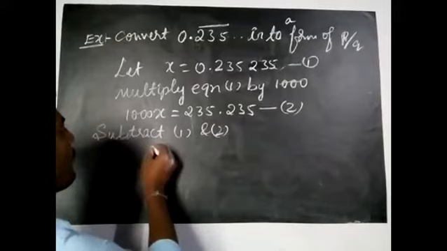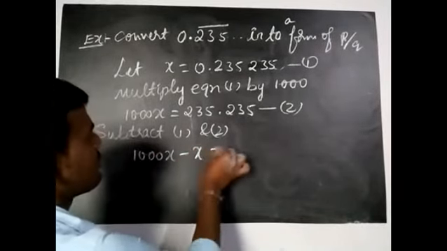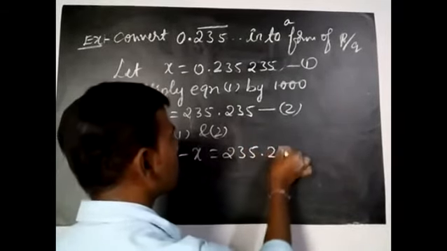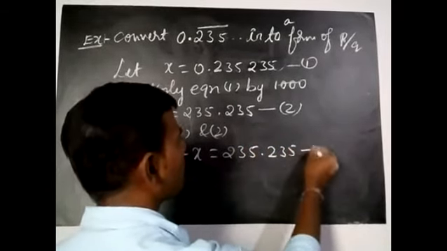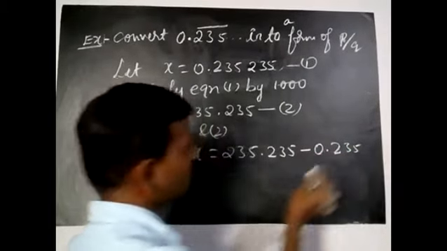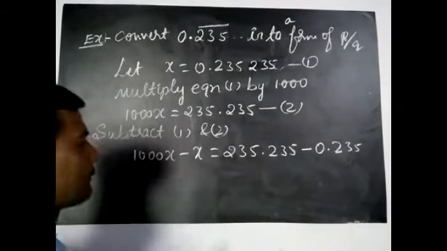We have 1000x minus x is equal to 235.235 minus 0.235. You might write the repeat, or you can write a single block only.